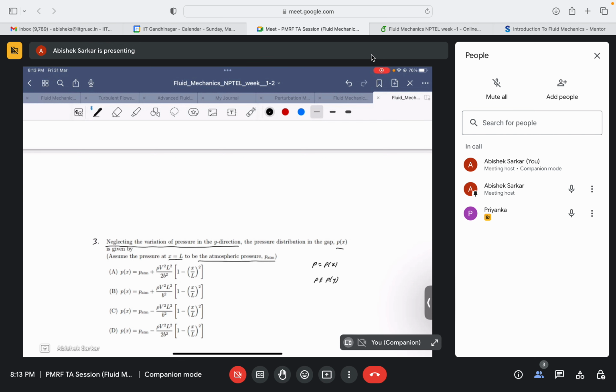Sir, why do you think it should be unsteady? Because we are pushing the plate downwards. That I understand, but have they mentioned that the velocity of the plate is varying with time? No. And we are inherently taking it to be constant while deriving the expression for u, and if you have derived the expression for v also, you will see that you take the velocity as a constant, right?